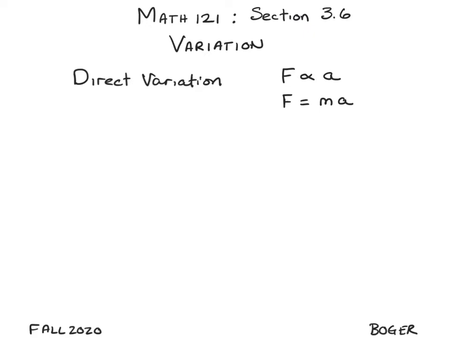So we can get rid of proportional signs and just put in an equal sign. The important thing about direct variation is if I were to double the acceleration, I would double the force. Or said another way, double the force, you'll double the acceleration. And I think you can see that. Just multiply by 2. 2 times the force equals mass times 2 times acceleration. So it's directly varying.